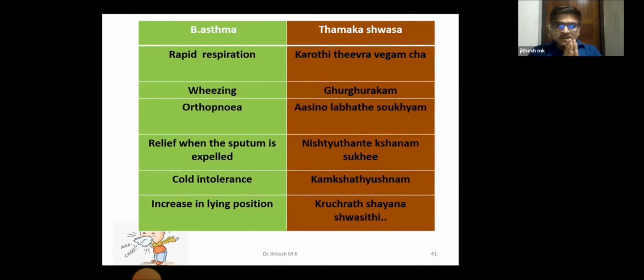But when we come to Tamaka Shwasa, Acharya doesn't explain any dosha vikalpas, isn't it? There is no Vataja, Paittika or Kaphaja Tamaka Shwasa explained by Acharya. Then how to select the Vata Shamana, Pitta Shamana or Kapha Shamana Shwasahara medicine?